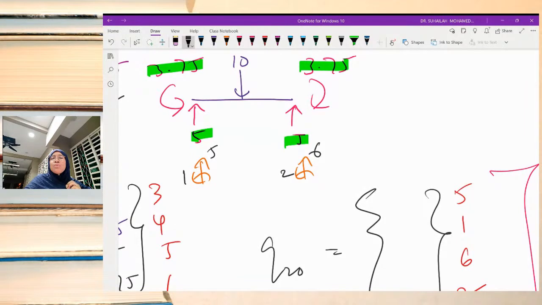Now what is the force value at position 5? It is 5. Next, at position 1, what is the value?